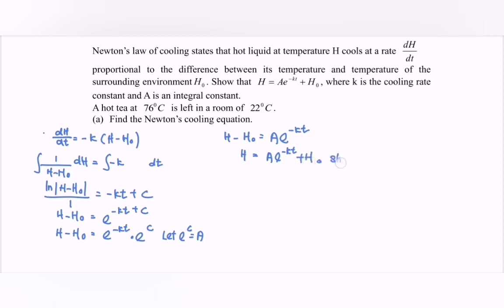So we have already shown the situation given, where k is a cooling rate constant and A is the integral constant.